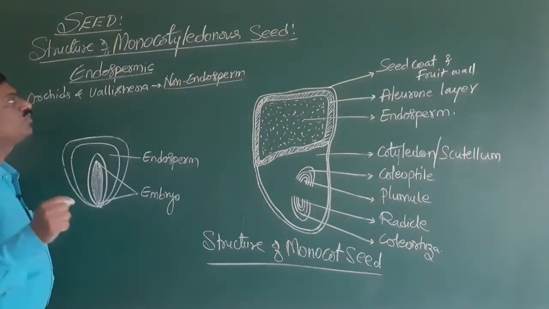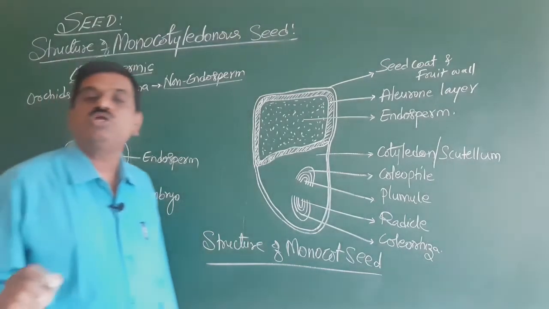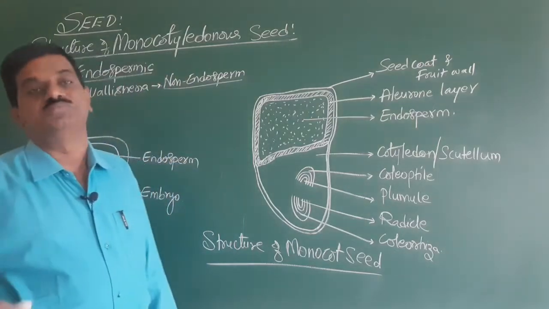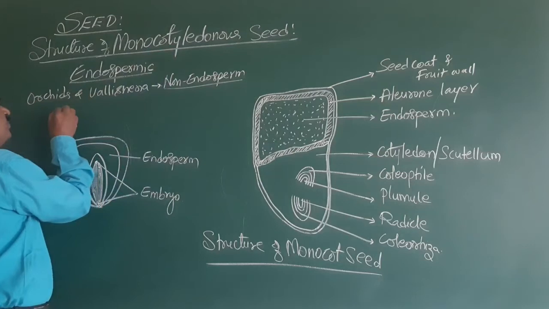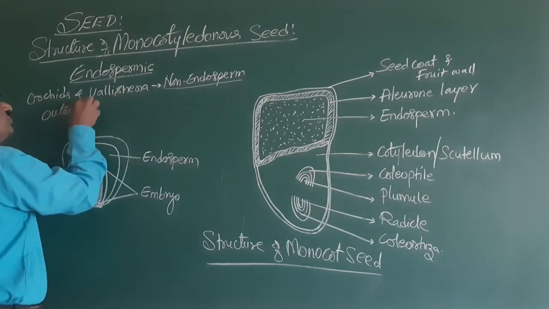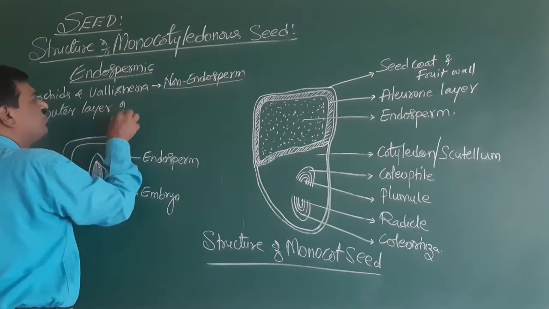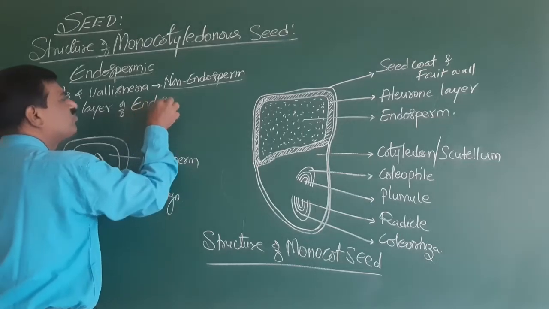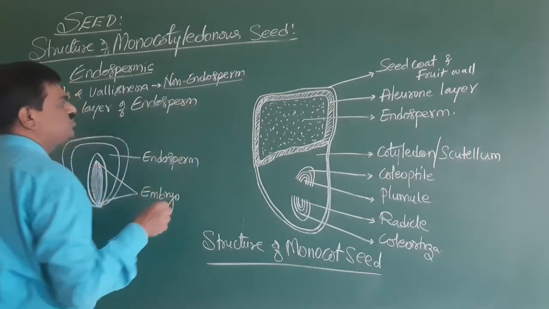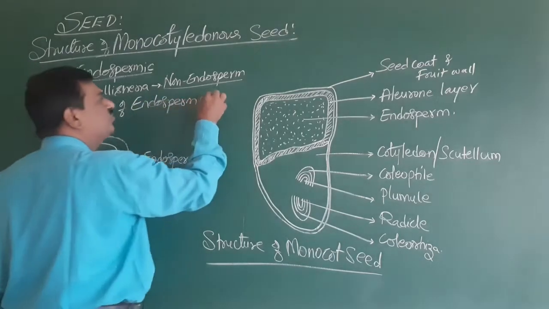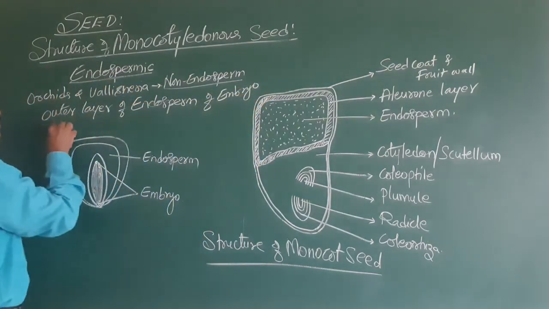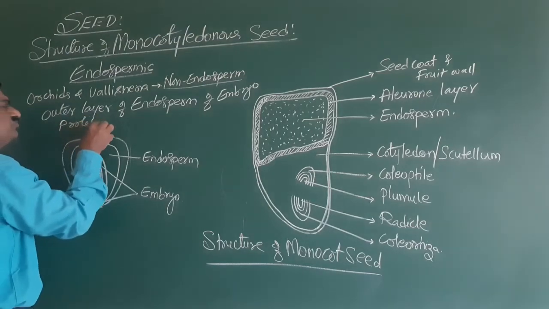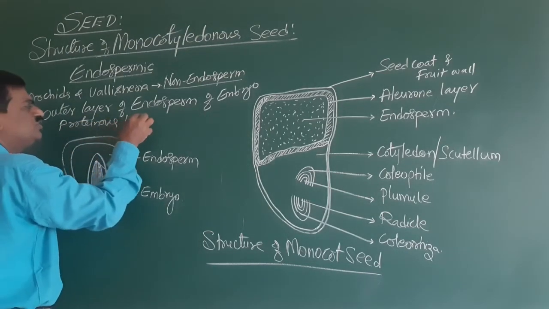Next, the outermost layer of the endosperm of an embryo has the presence of a proteinaceous layer.